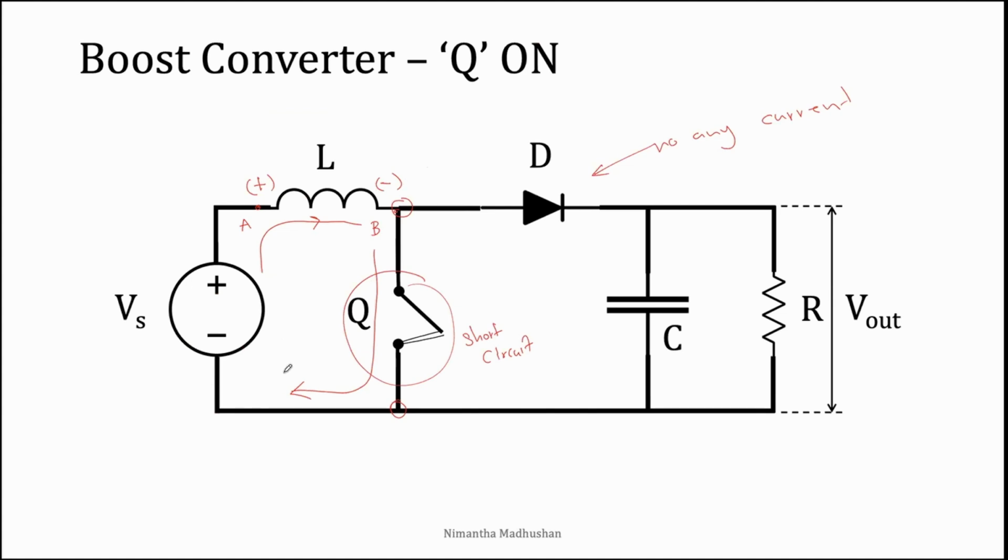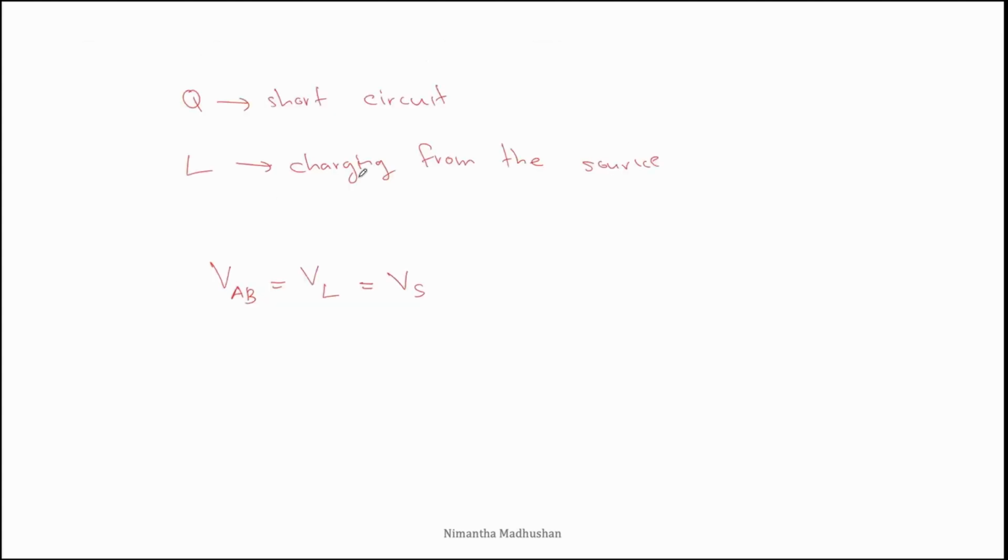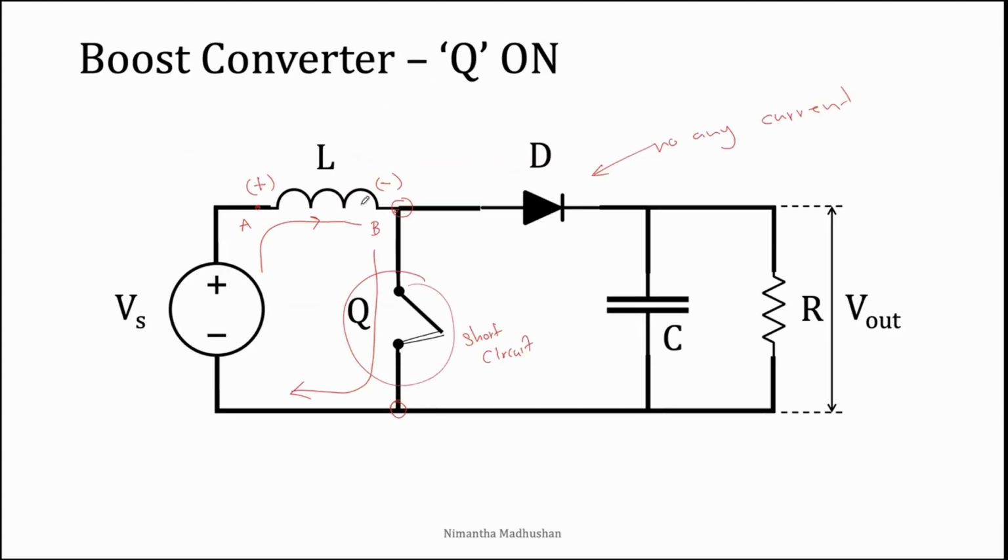Now we will consider the switch off period. This one is an open circuit, and the inductor now releases its energy. Previously the polarity was plus and minus.